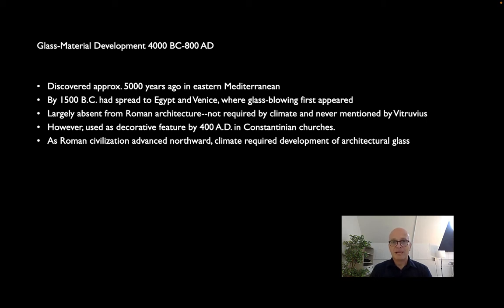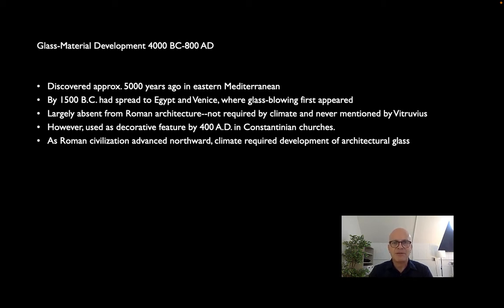It's where we see glass blowing for the first time, where you put molten glass on the end of basically a long straw and use your breath, human breath, to inflate vessels on the end of the straw, what's called a punty. We don't see it very much in Roman architecture.